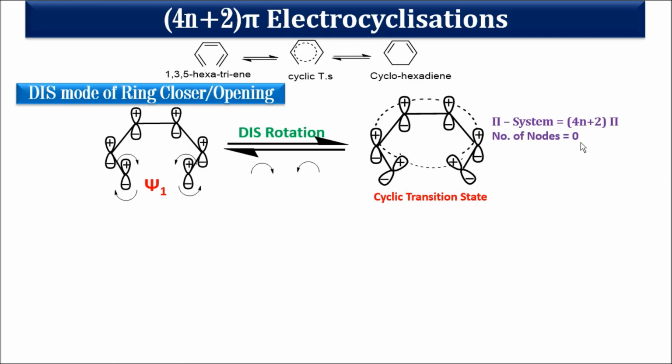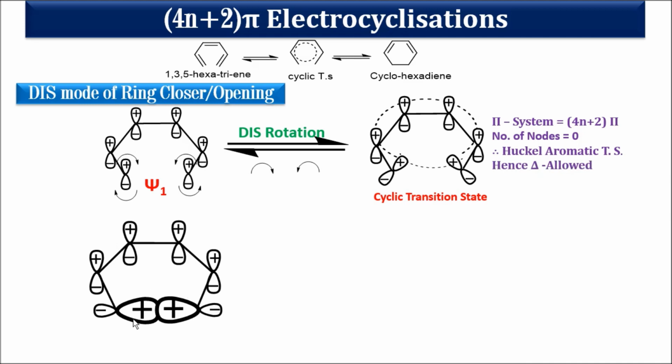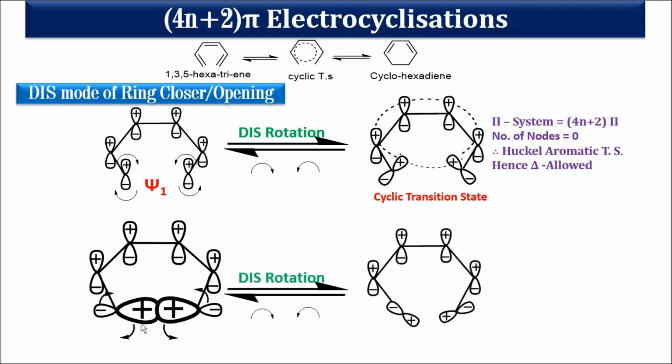When 0 nodes are present, that is called a Huckel system. A Huckel system containing 4n plus 2 electrons is an aromatic transition state. Aromatic means thermally allowed. You can also explain the same concept for the ring opening reaction. This is rotated in clockwise, this is rotated in anti-clockwise. So with slant rotation, these are the orbitals.